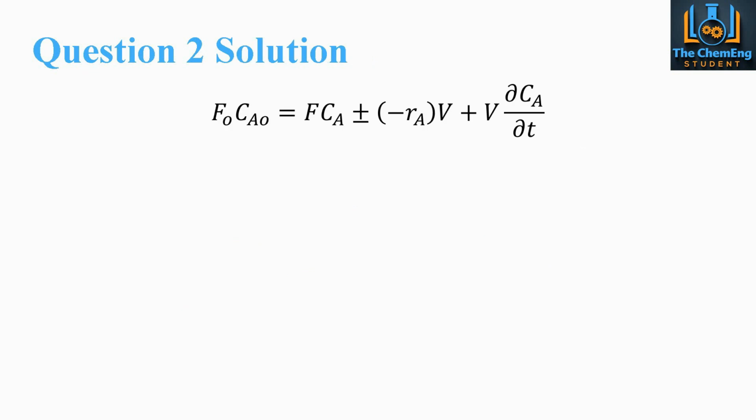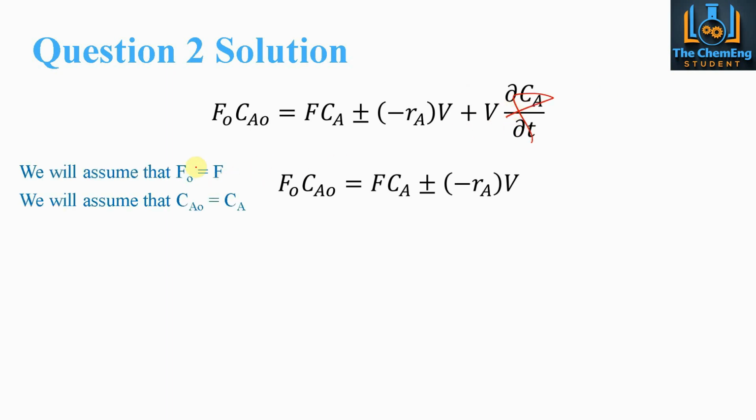So the first thing that we'll do again is write out the general equation. Now again, this time we are working with tubular reactors, but the process should be fairly similar because we have an input and an output. We will assume steady state conditions again, so we can neglect this term.